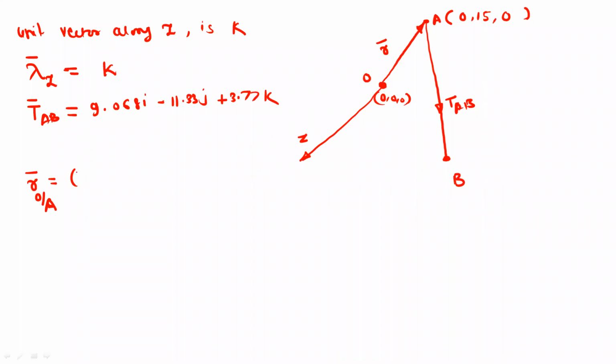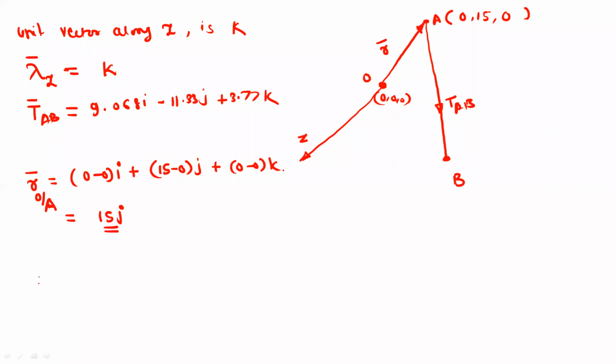So O slash A is 0 minus 0 into I plus 15 minus 0 into J plus 0 minus 0 into K. So this is equal to 15J. This is the position vector which joins the moment line and the starting point of the force.